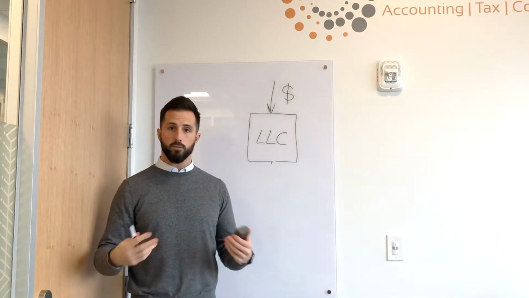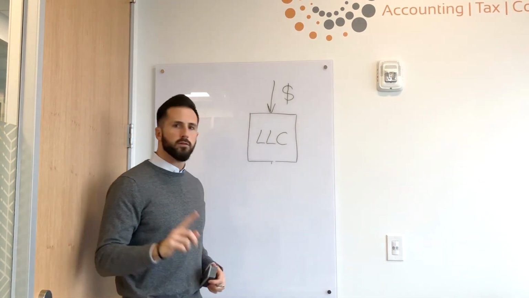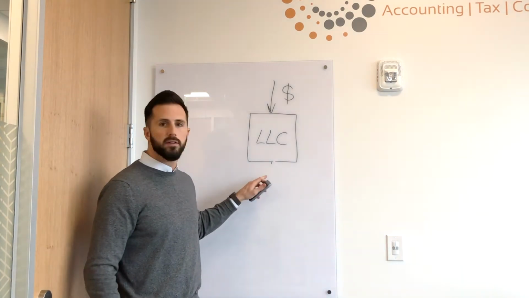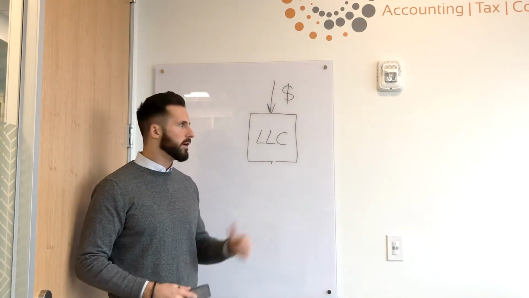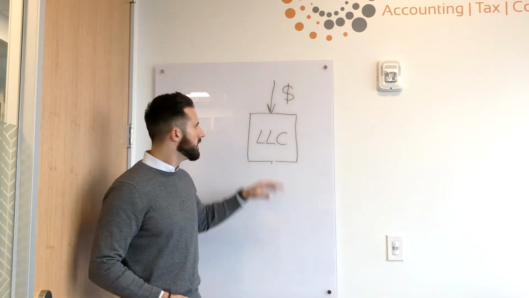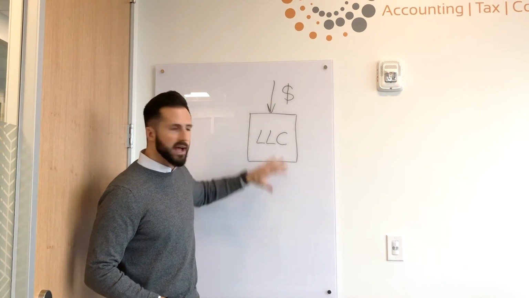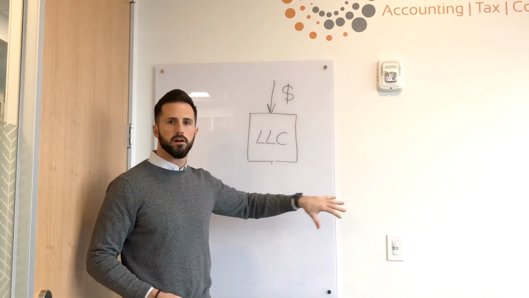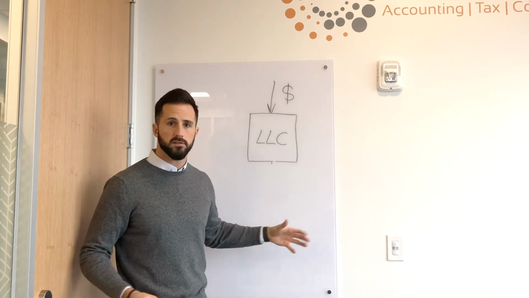Now, where things get really complicated is you have one more option, really 2 more options on how this LLC can be taxed. If you're a sole proprietor, it passes through to your personal tax return. If you're a partnership, it passes through to the partnership tax return, and then you each get your share of the profits or losses.